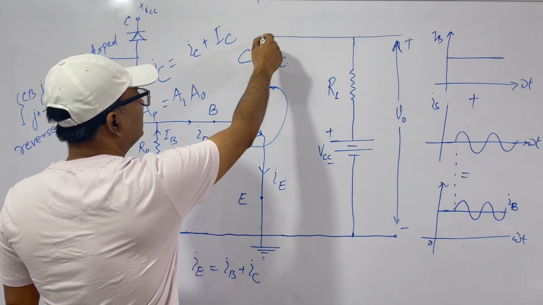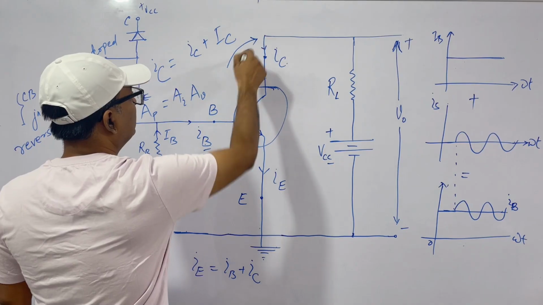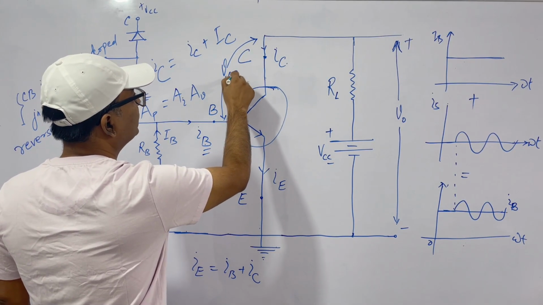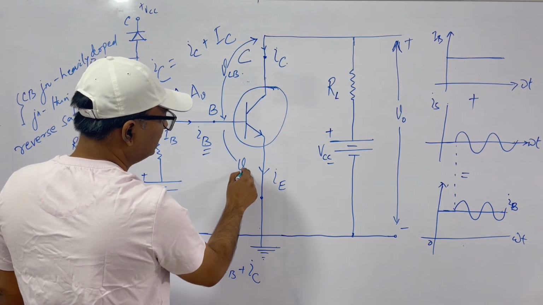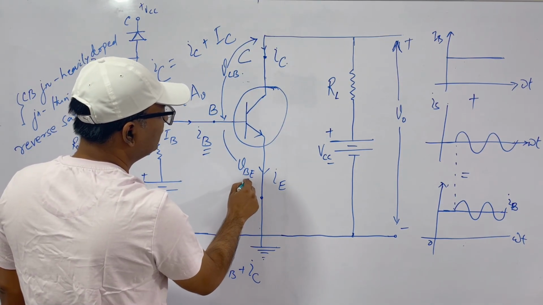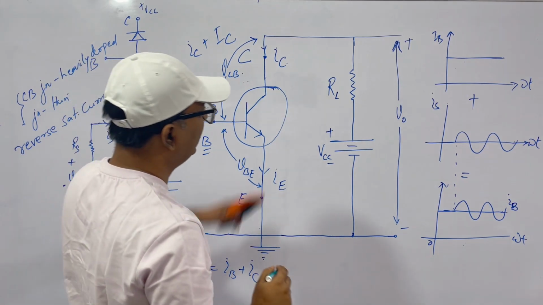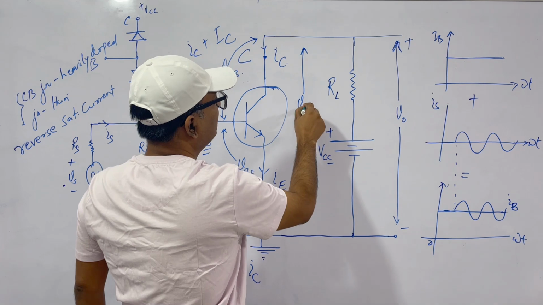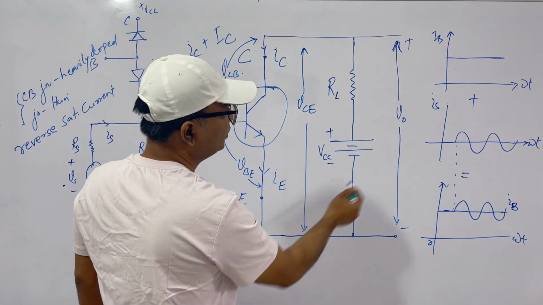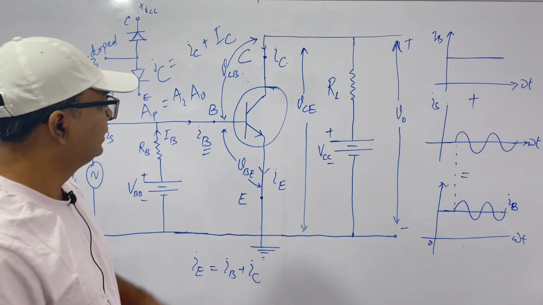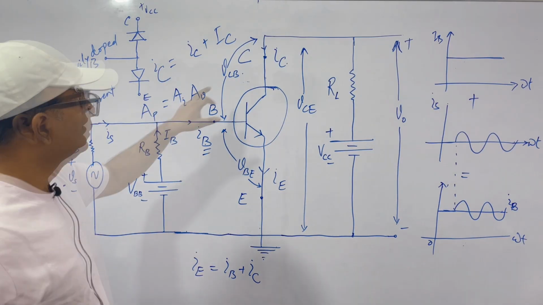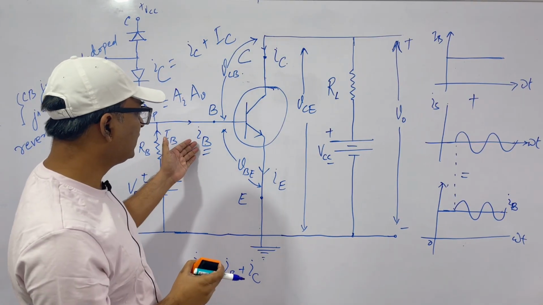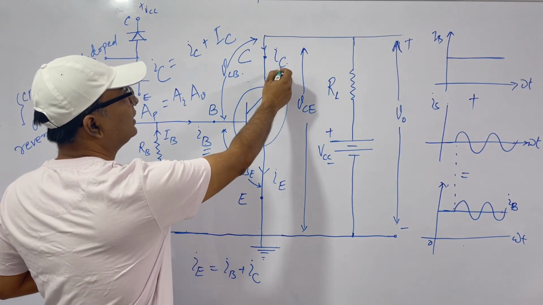This is the first part. This voltage from collector to base, we say this is VCB. This voltage from base to emitter is VBE. Clear? And this voltage from collector to emitter, what will this be? VCE, which is actually equal to our output voltage. Clear? So these are the notations. Now the doping of the base emitter junction is such that a small current IB can control a very large current IC.